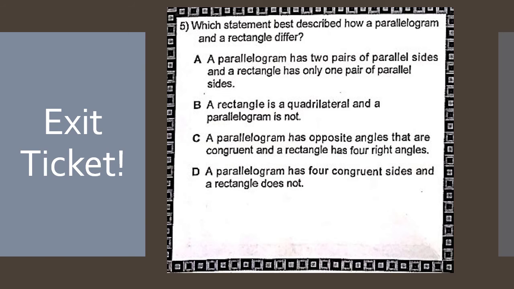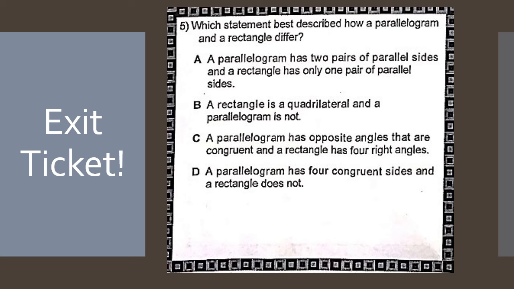So let's do a quick exit ticket for our bonus video. Which statement best describes how a parallelogram and a rectangle differ? I'm going to read the answer choices for you. A, a parallelogram has 2 pairs of parallel sides, and a rectangle has only 1 pair of parallel sides. B, a rectangle is a quadrilateral and a parallelogram is not.